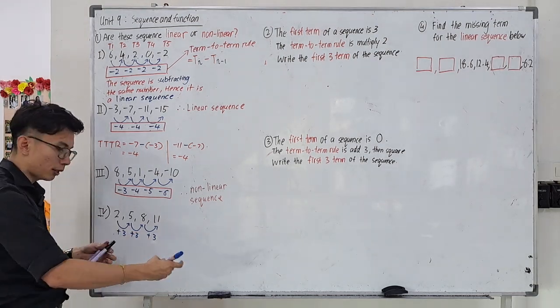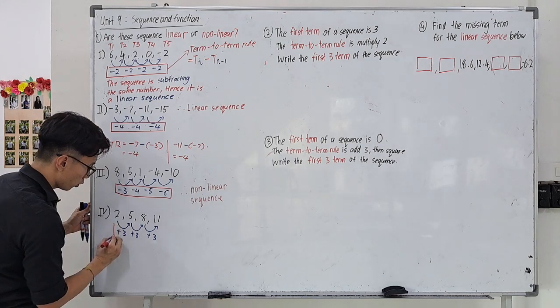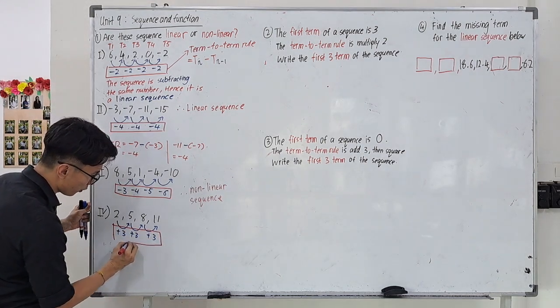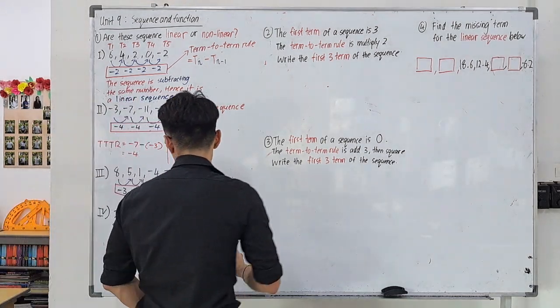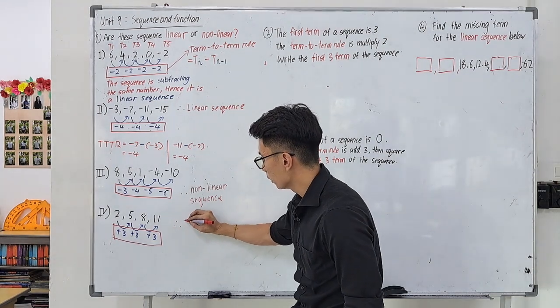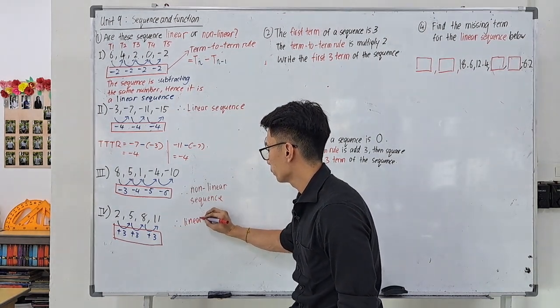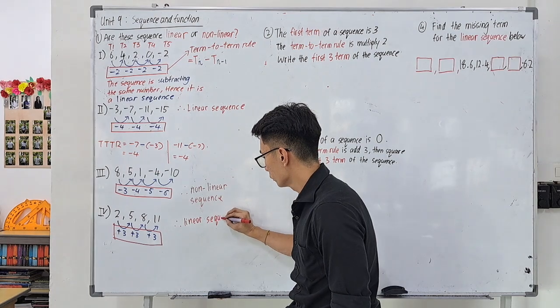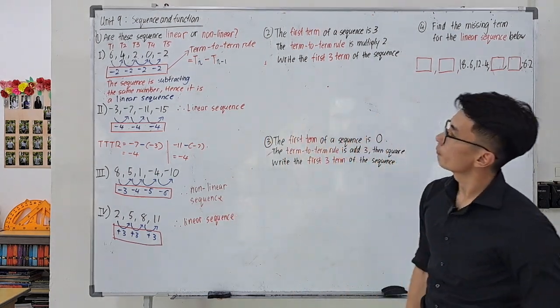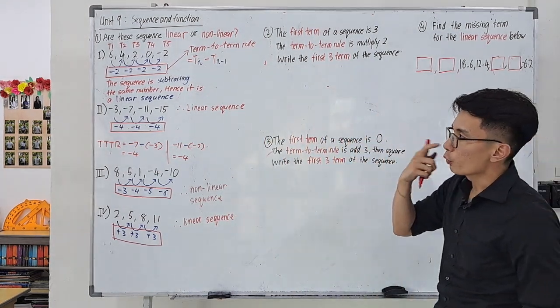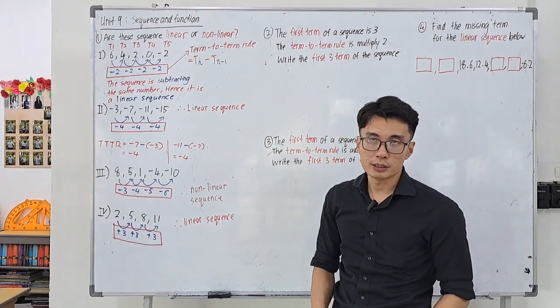They are adding the same number across. So since the term-to-term rule is adding the same number, we can call this a linear sequence. Okay? Alright, so I hope you have a general understanding of what a linear sequence is now.